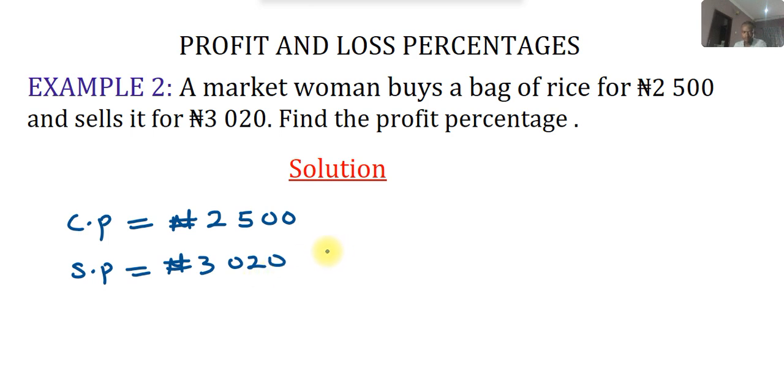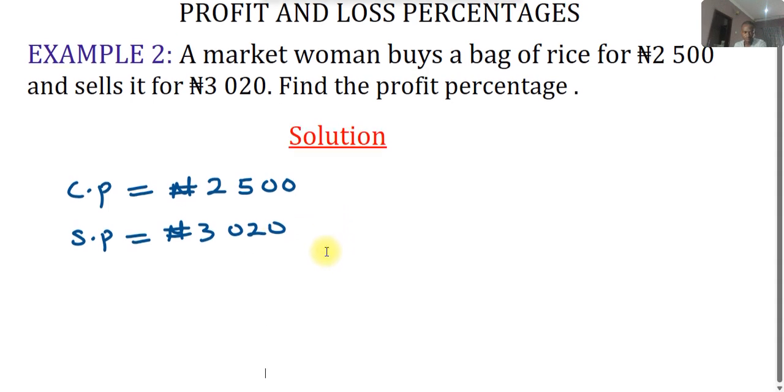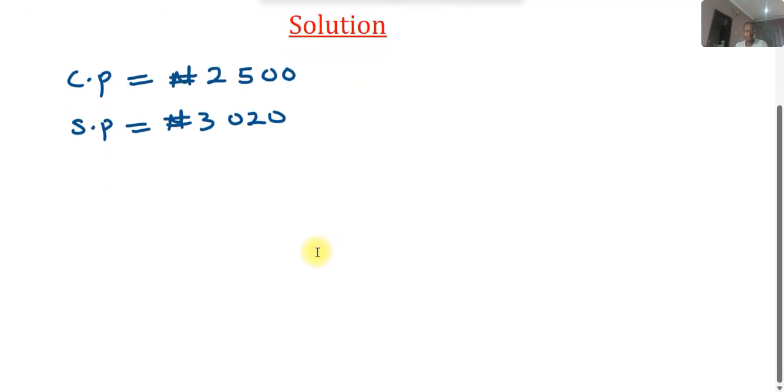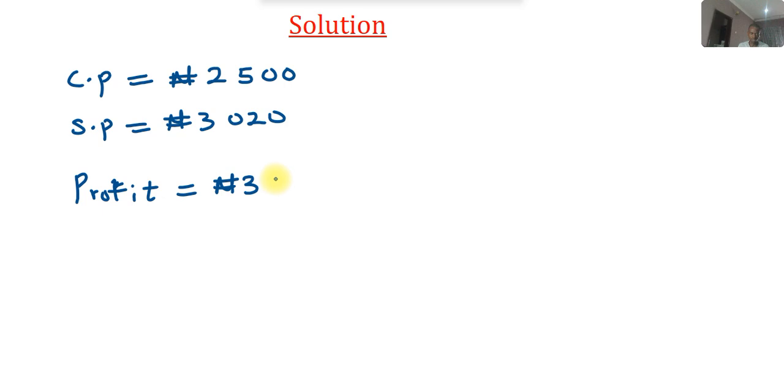Okay, so since a profit is made, we are going to take our profit as selling price minus cost price, that is 3,020 naira minus 2,500 naira.